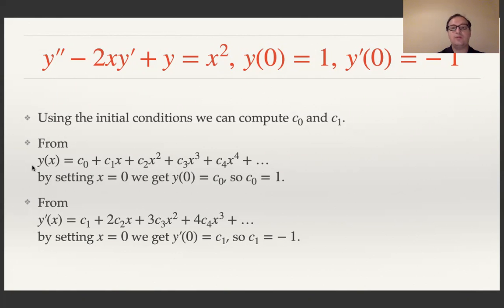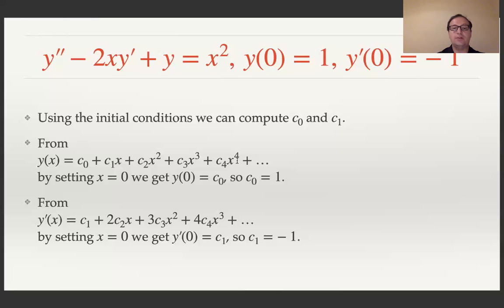So we know that y of 0 is equal to 1. And we start from the formula of y, which is given by this power series. So y of x is equal to c0 plus c1x plus c2x squared, etc. And when setting x equals 0, in order to get y of 0, we're just left with c0 because all the other powers contain x, and when x is 0, this means that all the other powers go away.